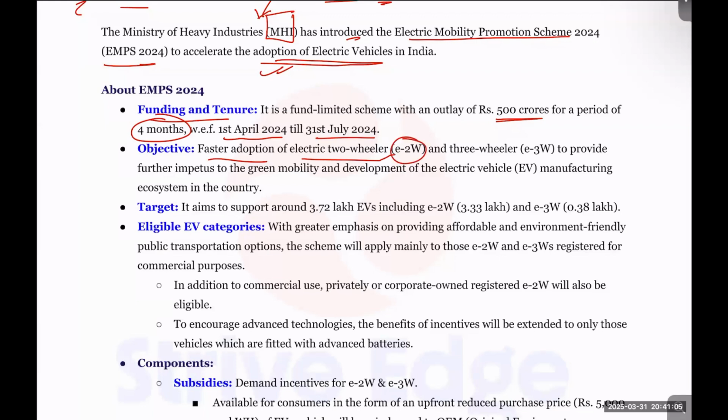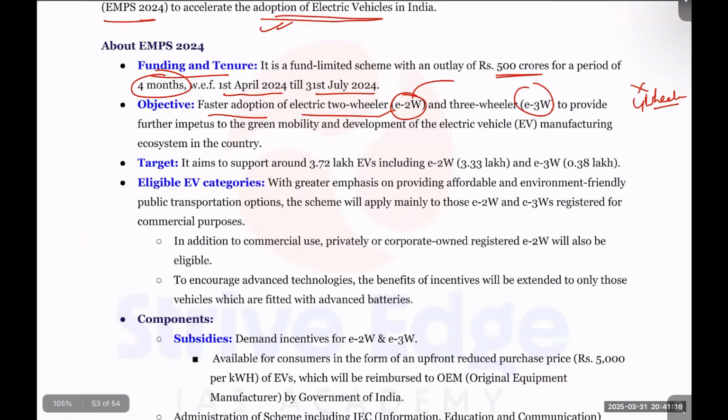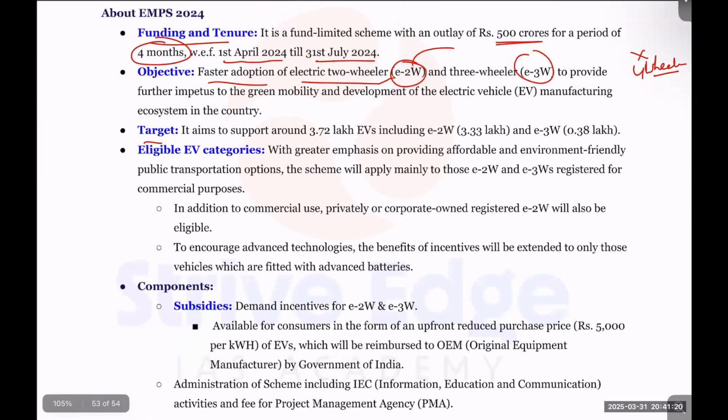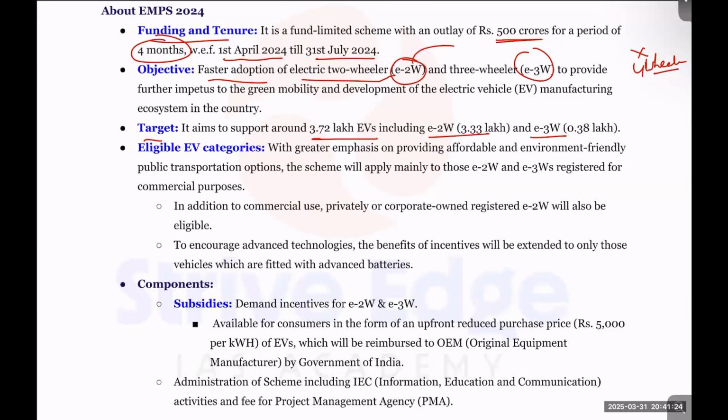You should remember that two-wheelers and three-wheelers have been targeted in this scheme. It doesn't involve four-wheelers, right? The target was to support around 3.72 lakh EVs, including two-wheelers and three-wheelers.